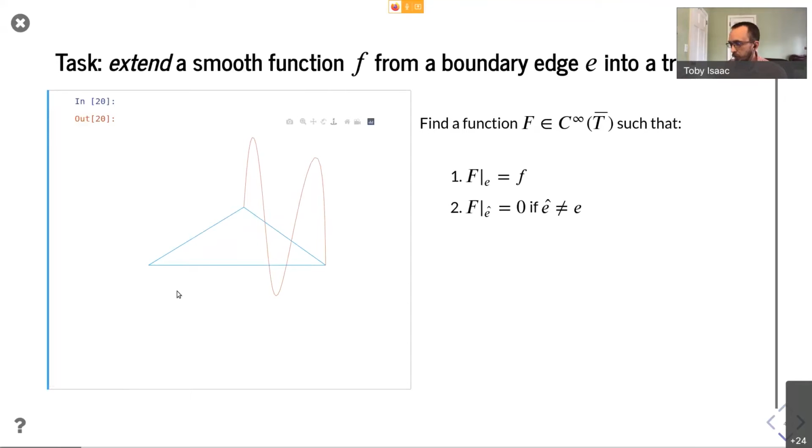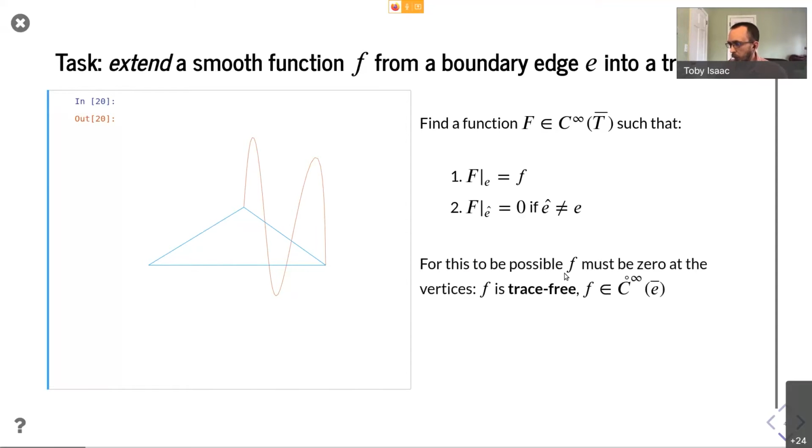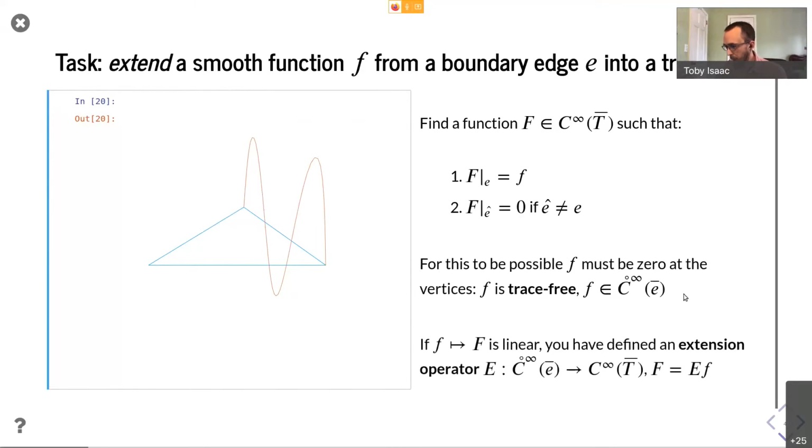What I want to do is find some function uppercase F defined in the interior of the triangle, which when I restrict it back to that edge is the original function, and which when I restrict it to the other edges is 0. For me to be able to do this, lowercase f has to be trace-free. It has to be 0 at the vertices at the corners of the edge. That much is obvious.